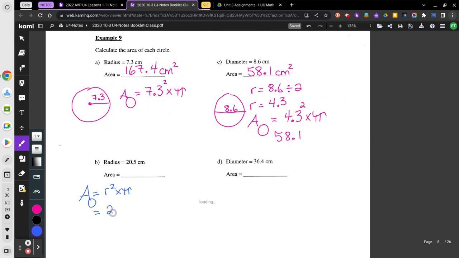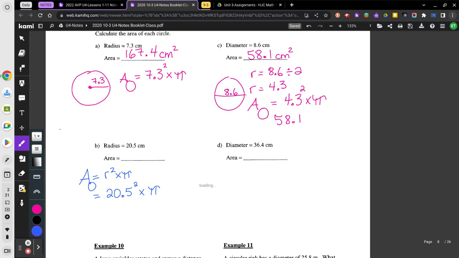So we're going to get 20.5 squared times pi. And that's how you type it in. And that's going to give us 1320.3 centimeters squared.